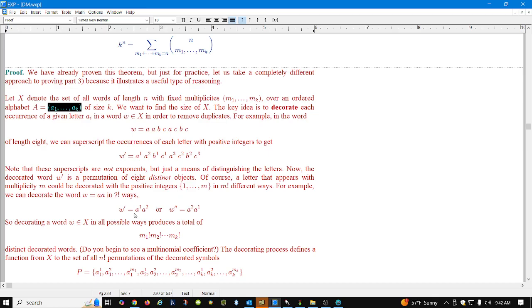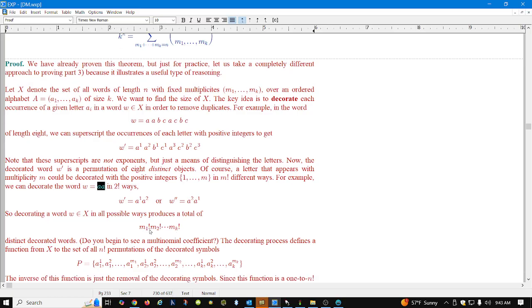Put the 1 on the first A and 2 on the second A, or start with the 2 and then use the 1. How many ways then are there to decorate a single word? Well, it's going to be the product of the factorials of the multiplicities. Just like here, 2 factorial, because this letter had multiplicity 2.